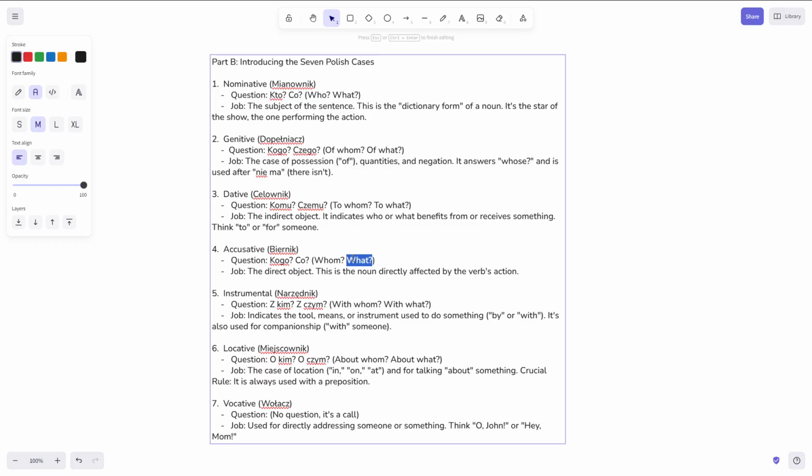The question what is present here, but it's also present here, in this exact same form. And now you have a whom, but there's also who there.